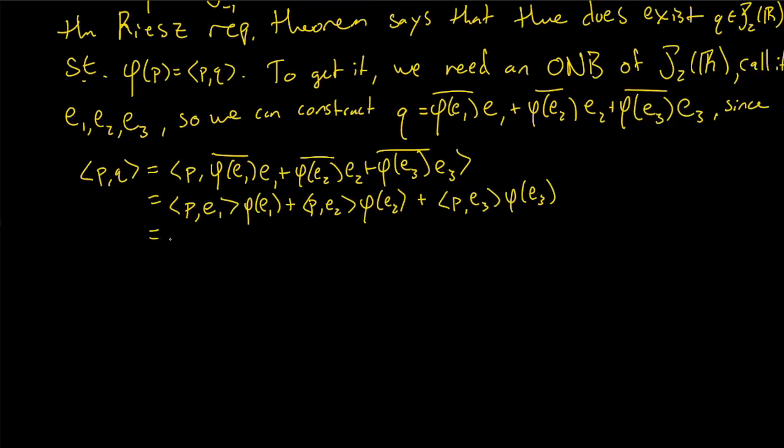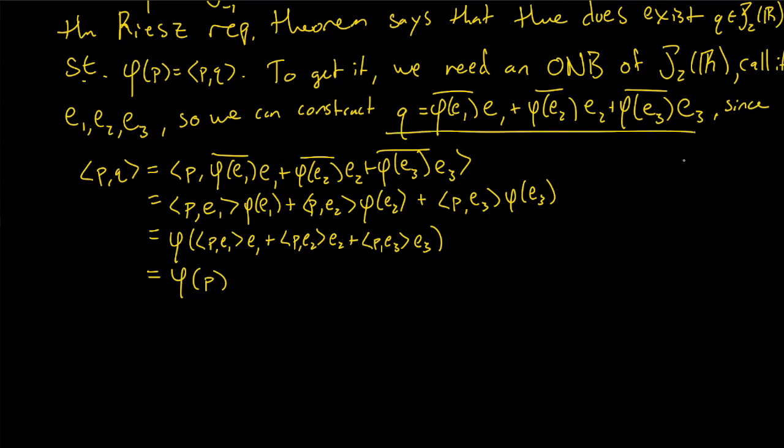So, going back on over, now all I got to do is put this back together to get phi of the inner product of P with E1, plus the inner product of P with E2, plus the inner product of P with E3. Oops, that's not an angle bracket, that's a round bracket. And just notice that this is actually just phi of P. Okay, so all we need is this orthonormal basis, and then we know exactly how to build Q.